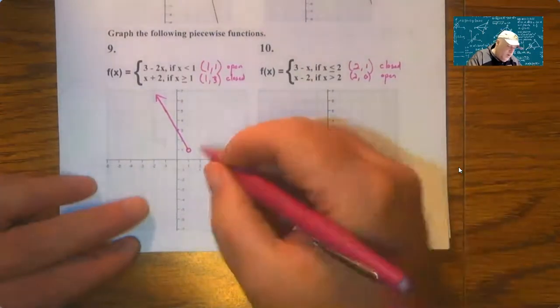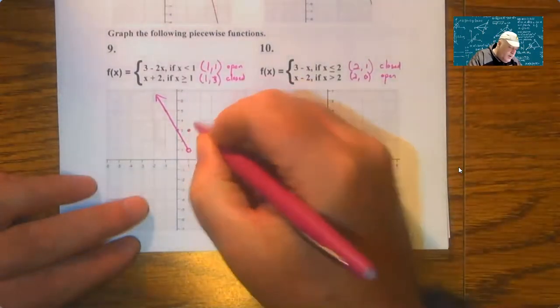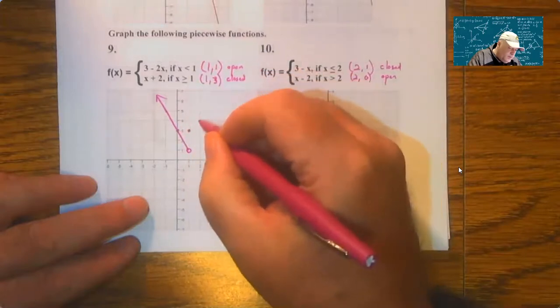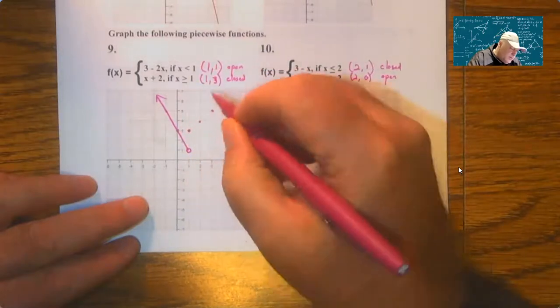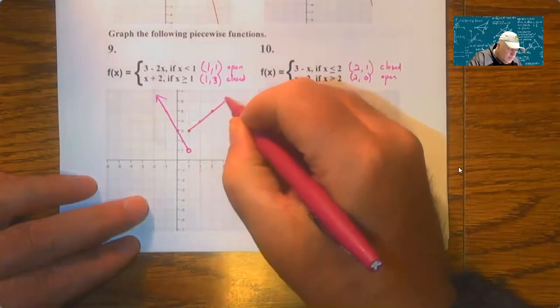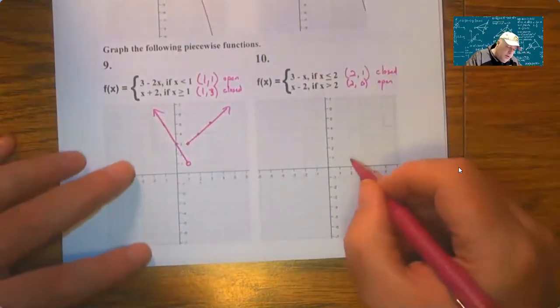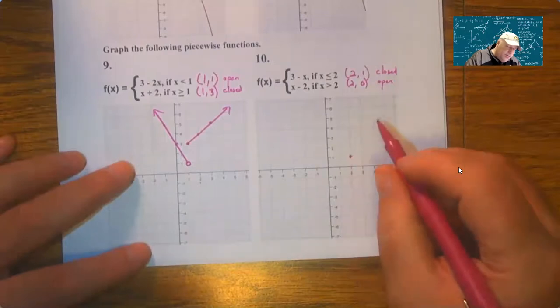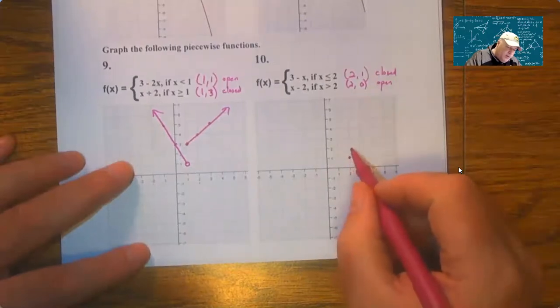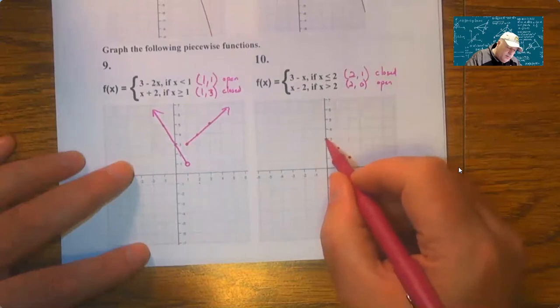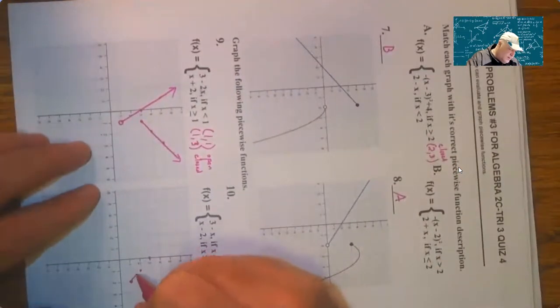So 1, 3 closed, and then we have a slope of 1 to the right. Okay, 2, 1 closed, and then we got to go left of 2 with a slope of negative 1. So up 1, left 1. So here's this line.